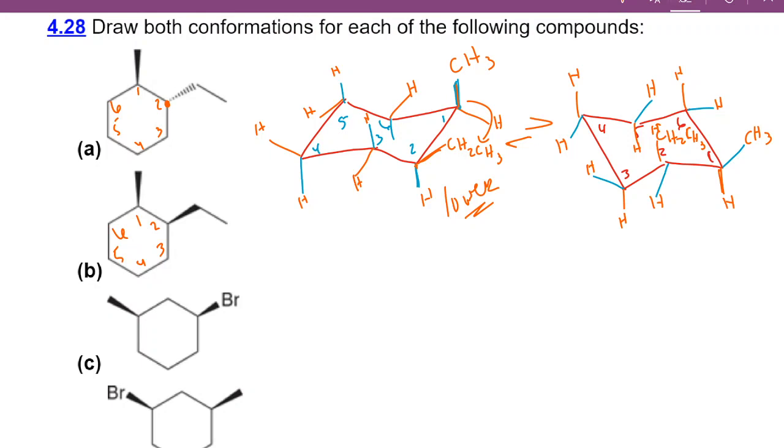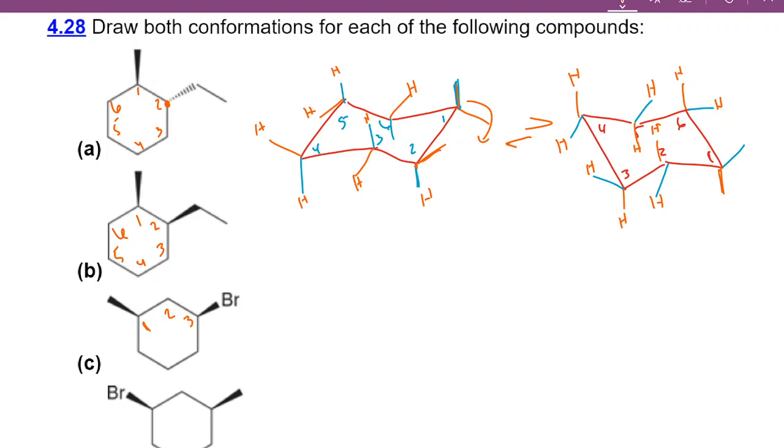Okay, so let's go to molecule C. I'm going to erase all of these and renumber. Our first group, let's call this carbon 1, this carbon 2, and this carbon 3.